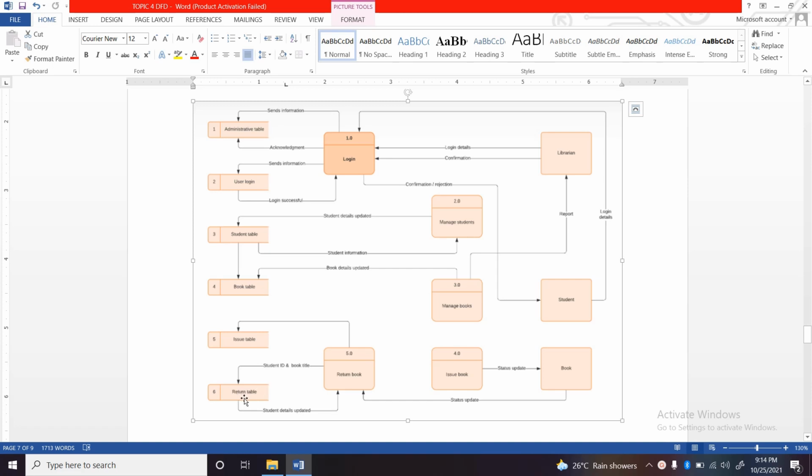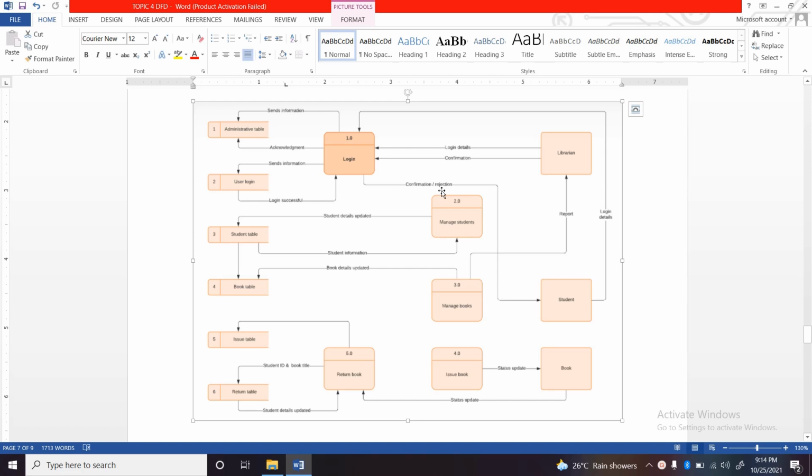After that, the return table will return to the process return book, which also gives the data student details, which will be updated. So that is an example of how you are going to create a Gane and Sarson data flow diagram. As you can see, all of the processes are being included here, and take note, meron siya mga different labels here that we can use.